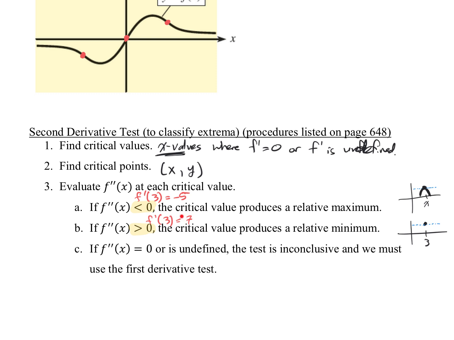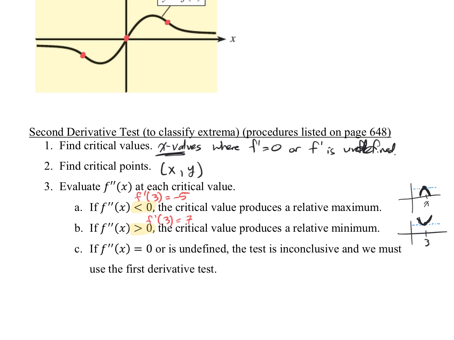Your second derivative is positive. That means we open up. Let me draw in that upward-facing bowl shape. So then this looks like a minimum now. An upward-facing bowl is going to have a minimum at that value.